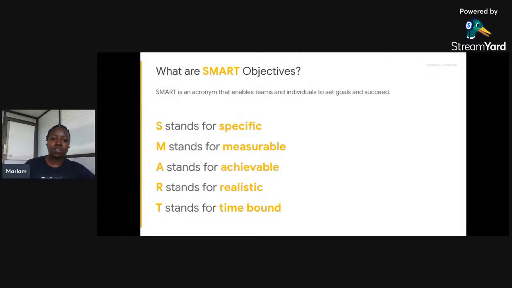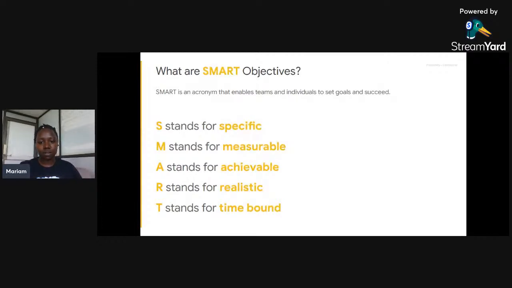But for you to measure that, you need to have set SMART objectives. And when you say SMART, what do you mean? Every letter stands for a particular meaning. S stands for specific, M stands for measurable, A stands for achievable, R stands for realistic, and T stands for time bound.